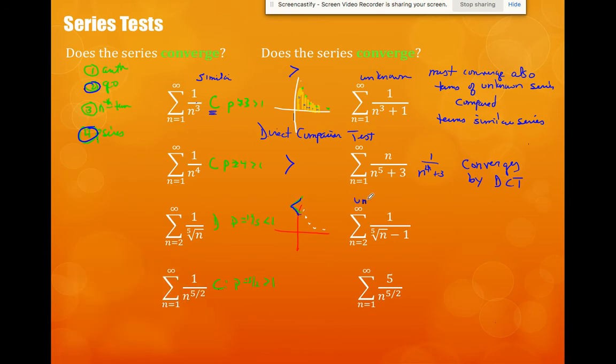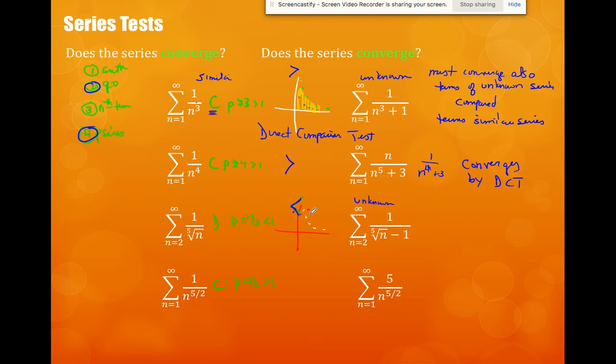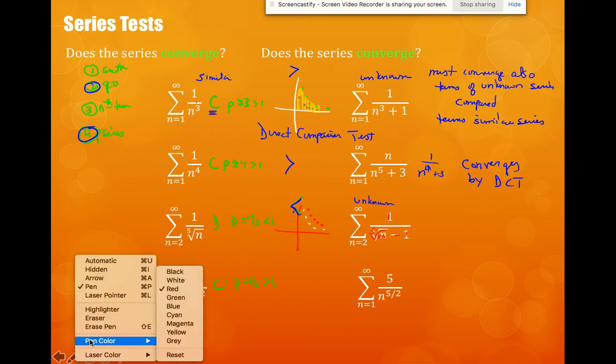The unknown series, the term-by-term comparison, those terms are all bigger than the known. Unknown, known. But what does the known do?